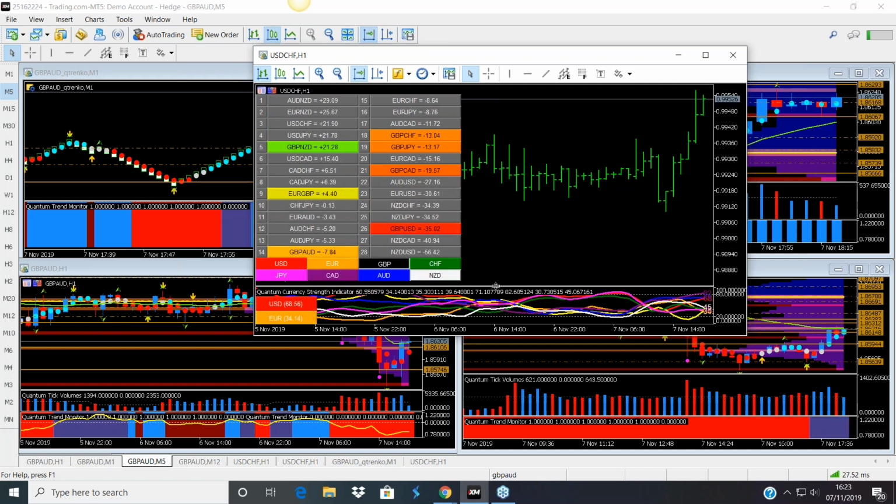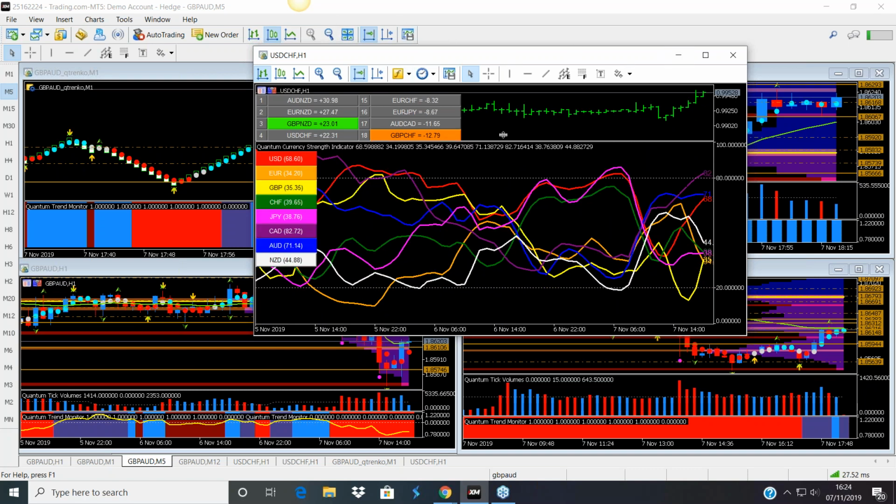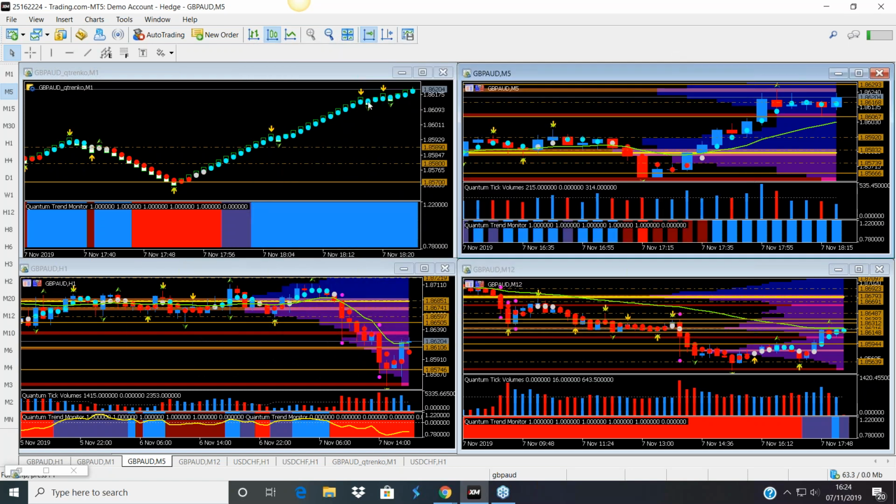And looking at the British pound pairs on the matrix, which ranks the pairs, at one point the pound Aussie was way down here, and it's now jumped up to spot 14. It's not the strongest. We've got the pound New Zealand again against another commodity currency, but it's looking good.